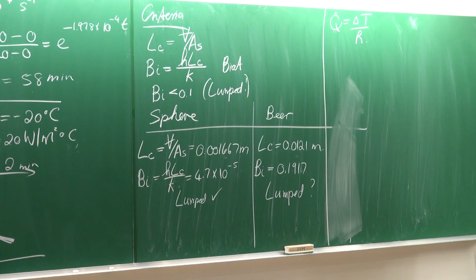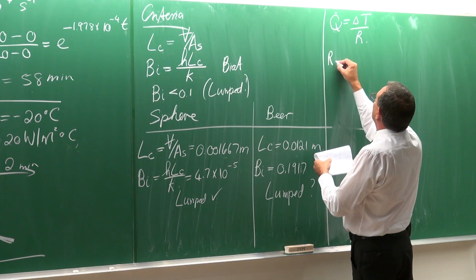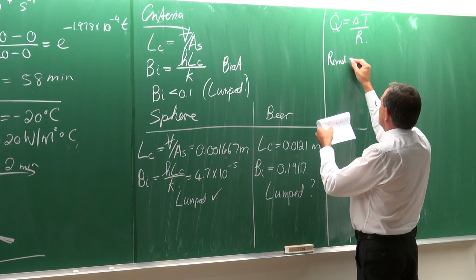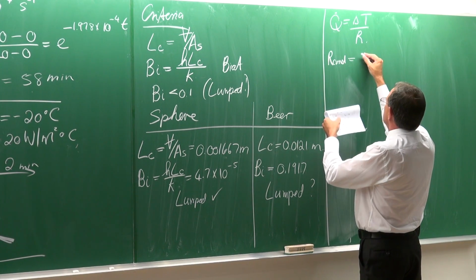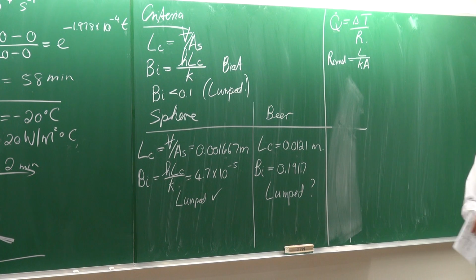It's an analogy. For conduction heat transfer, the resistance for a plane wall is L divided by kA, where L is the thickness of the plate. You've also done it for a sphere and for a cylinder.